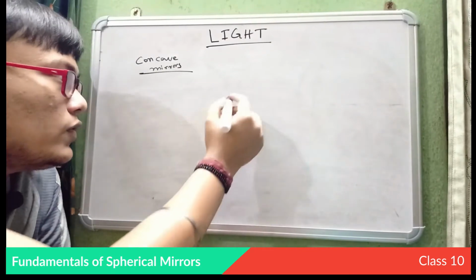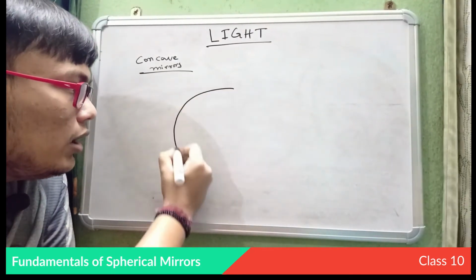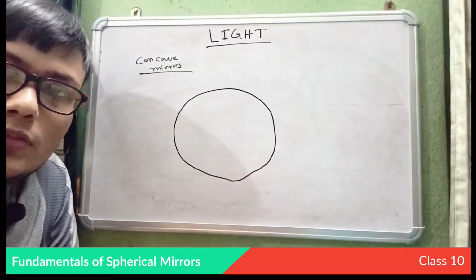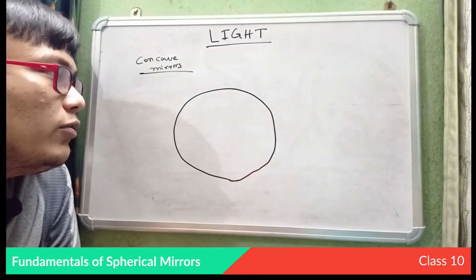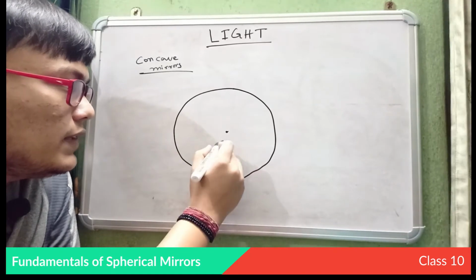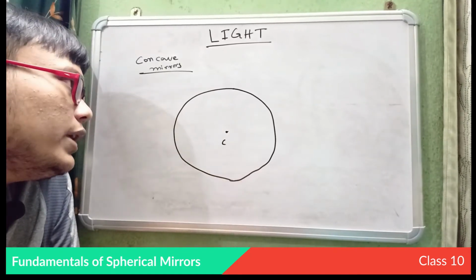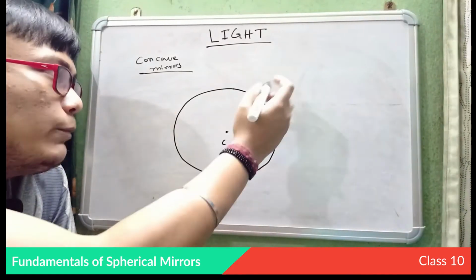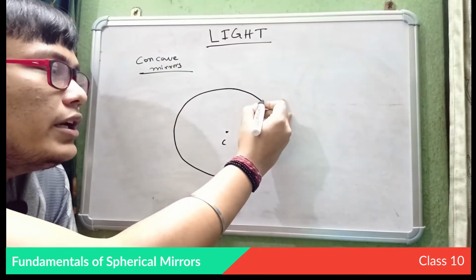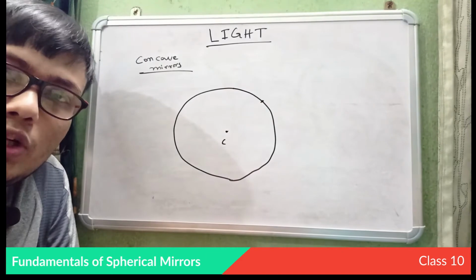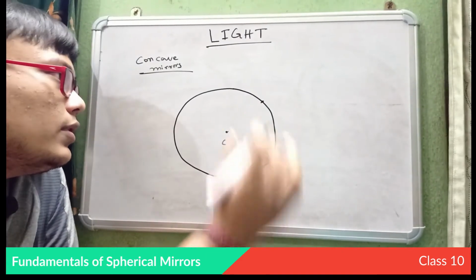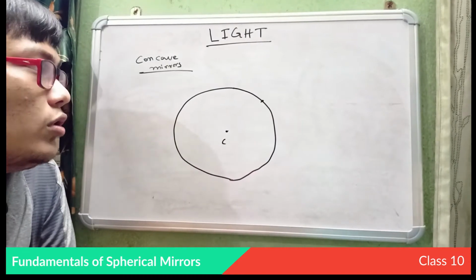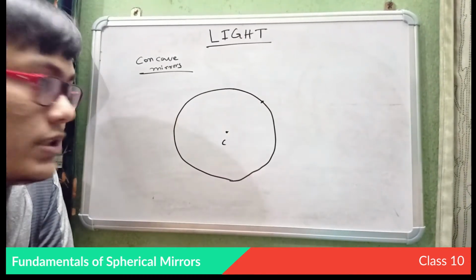Okay, so let's take a hollow sphere. Now let's say this is the center. Now if we want to draw the normal at any random point, let's say we are finding the normal at this point. For finding the normal at this point, the rule is to draw a tangent at this point.